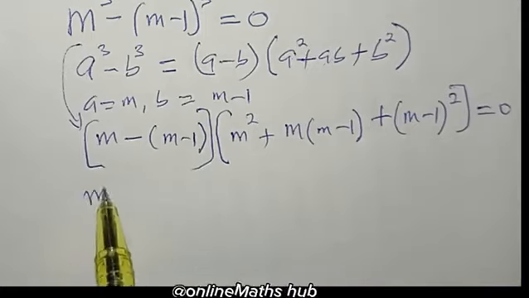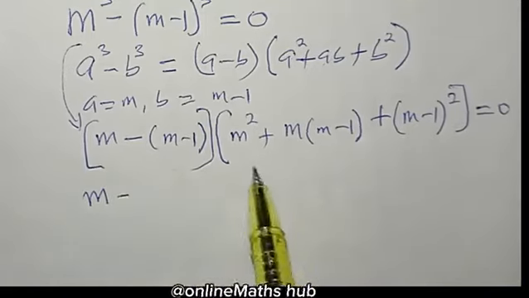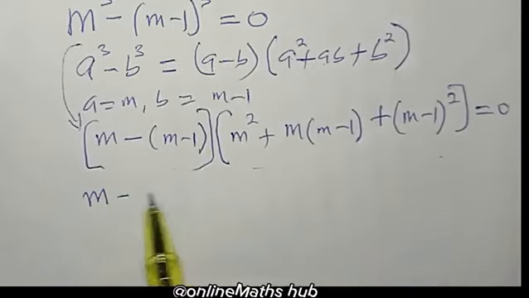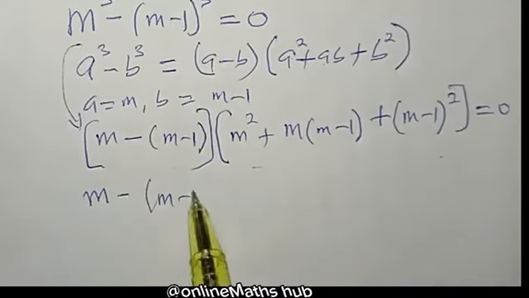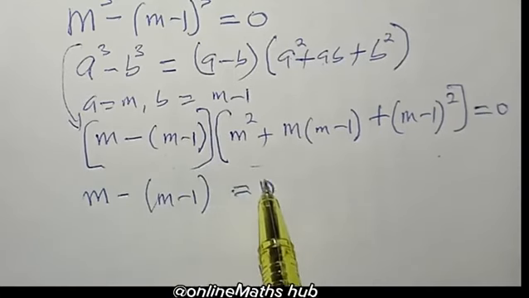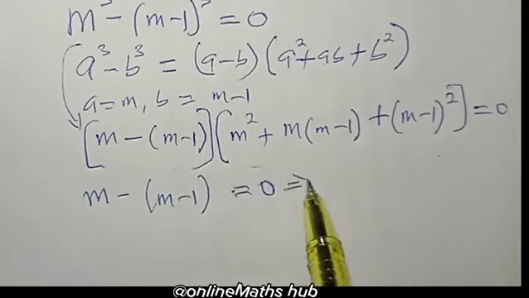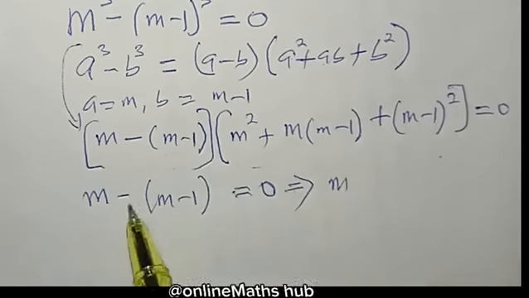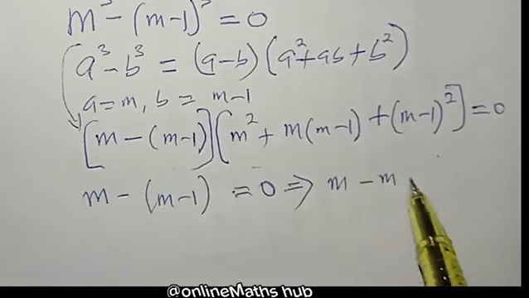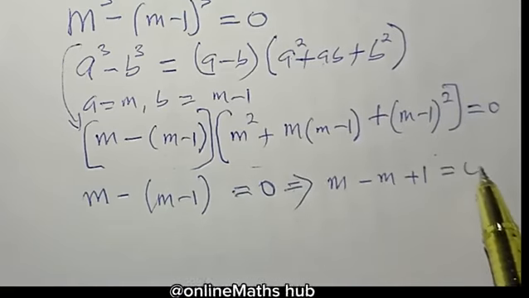So we want to find out whether this particular term is equal to 0. So we have n into m minus 1, okay, it's equal to 0. Which implies that m, open this bracket, minus m plus 1 is equal to 0.